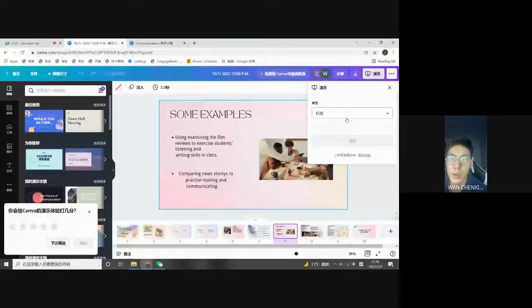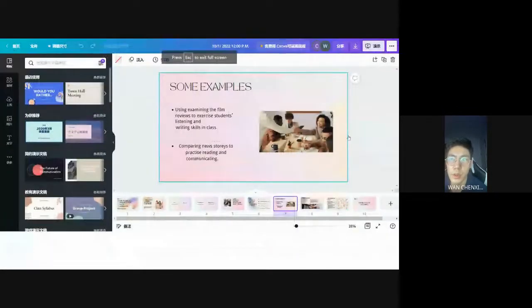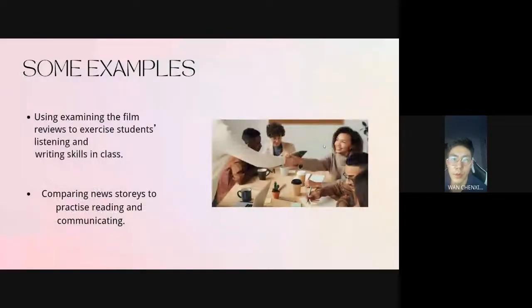We can examine film reviews to exercise students' listening and writing skills in class. Students generally gravitate towards watching films and talking about them. Film reviews provide useful information about the films.